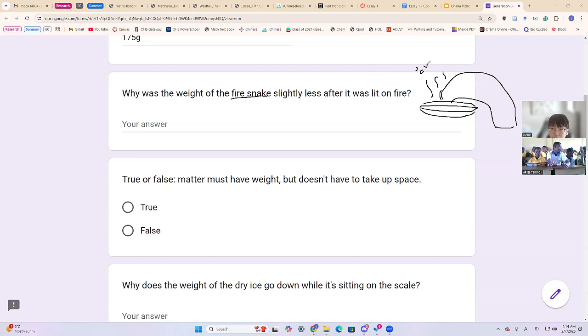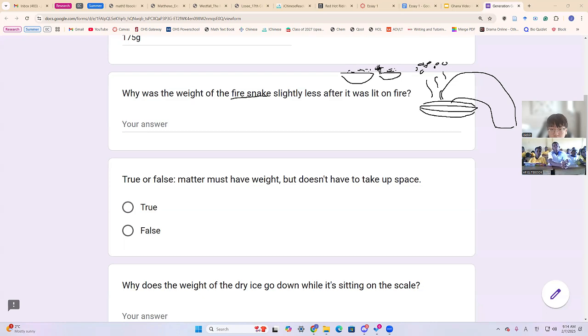Yeah, so what I'm drawing here is gas particles. The weight of the fire snake was slightly less than the total weight of sugar and baking soda because some of it was released into the air.